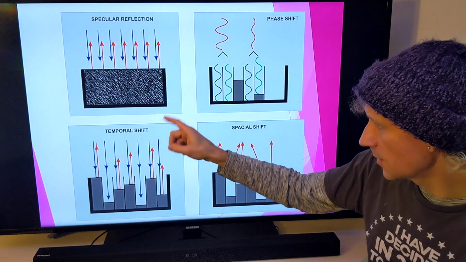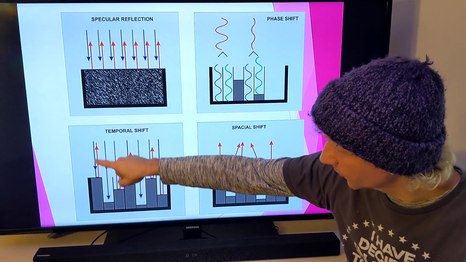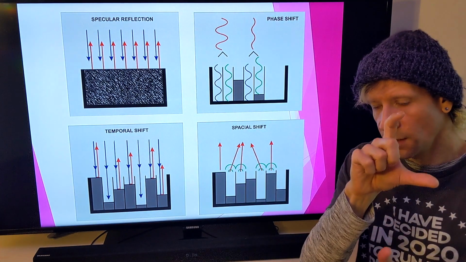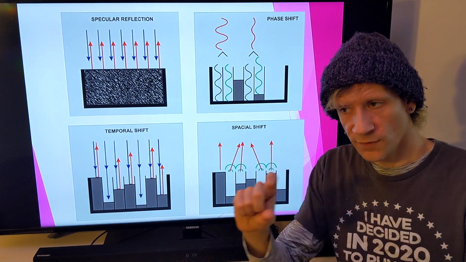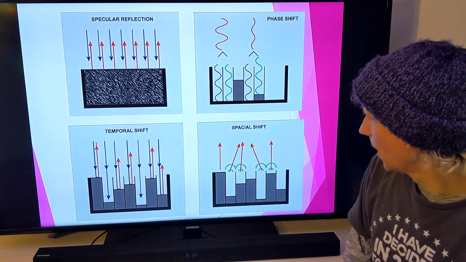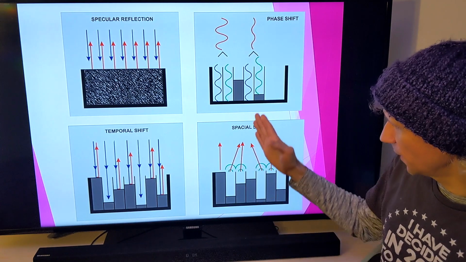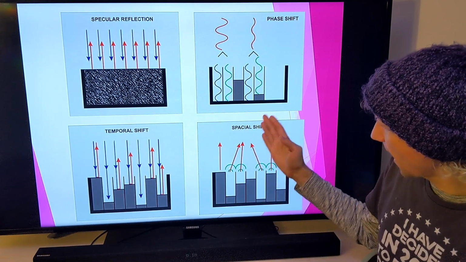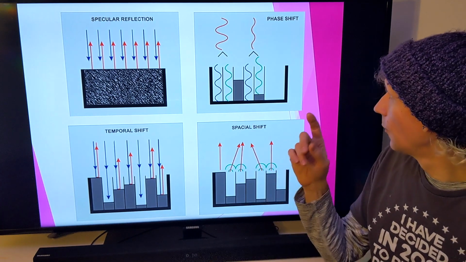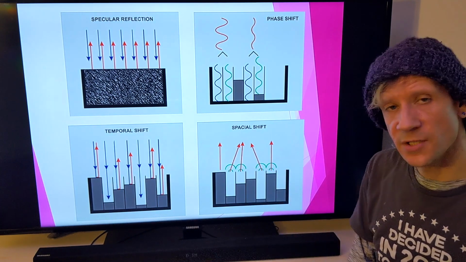Then we get this time shift, the time it takes to go from here to here versus going to here. That's what gives us part of that nice decay of the reverb tail that we saw with the diffuser. And then we also get a spatial shift in the bounce that happens from all the different angles. And so we get a phase shift, a time shift, and a spatial shift.